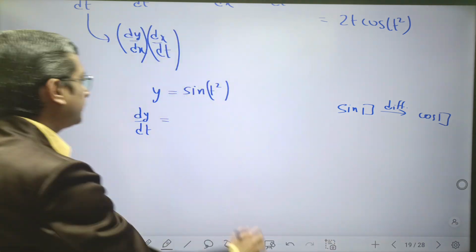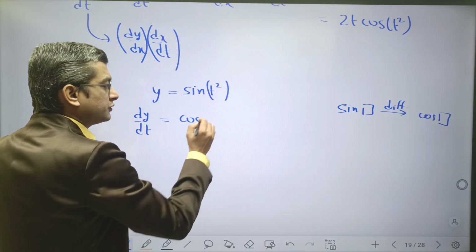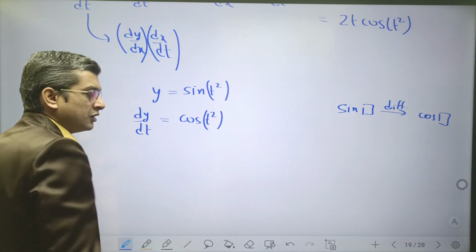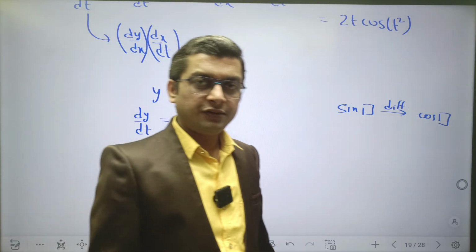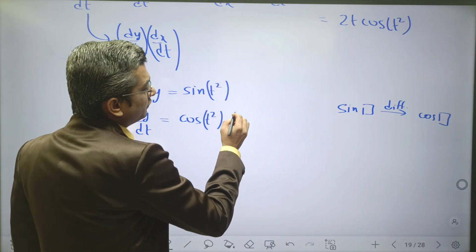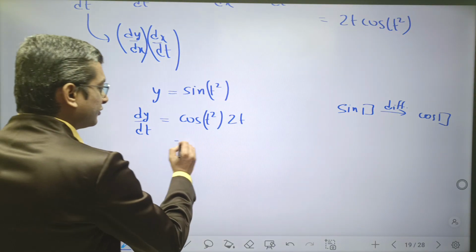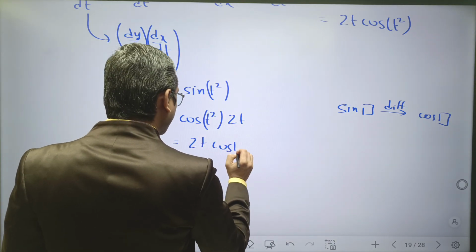So here, sine of t square, if I differentiate this sine, we will have cos of t square. So the first function we have differentiated. Now the second function we come across is t square. The differentiation of t square is 2t. This is solved, isn't it? So the answer is 2t cos of t square.